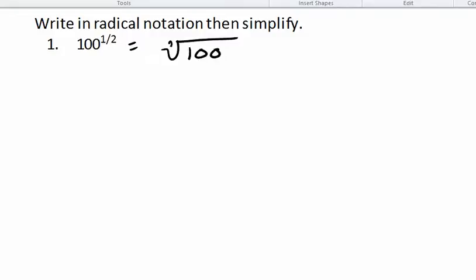The index is 2. You don't have to write 2, but you can. And the exponent is 1, which again, you can write or not write because it's implied. So basically, 100 to the 1/2 power is really the square root of 100. Square root of 100, hopefully we all know, is just 10.